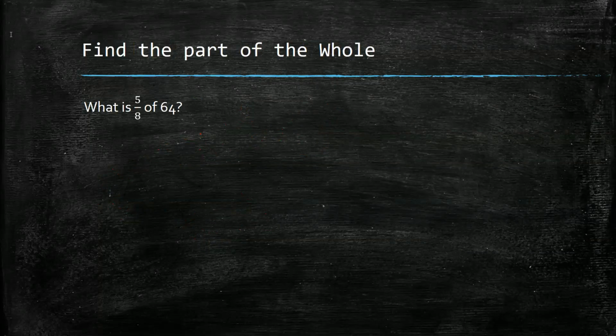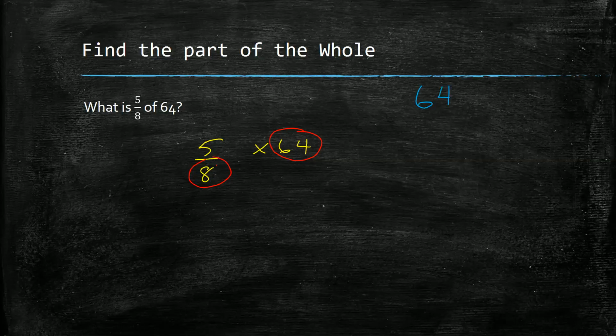So let's look at an example. Let's find what 5/8 of 64 is. That means 5 on 8 multiplied by 64. Now let's try and understand what is happening here. We are first dividing this number by 8, because we want to take the 64 total and break it up into 8 individual sections, each of its own equal size.